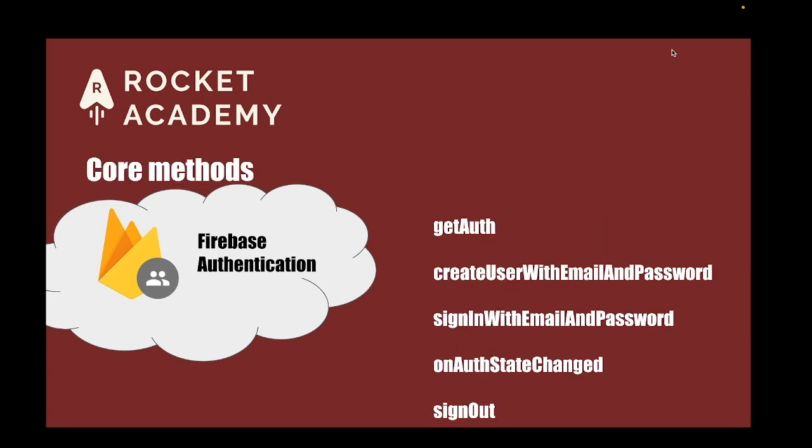Before we implement, let's first consider some of the features from Firebase authentication that we will need to implement. Much like the real-time database and Firebase storage, we are going to need to connect to the correct application on Firebase. We do this with the getAuth method that we will set up in the firebase.js. Then we will need to give the users the ability to sign up and sign in.